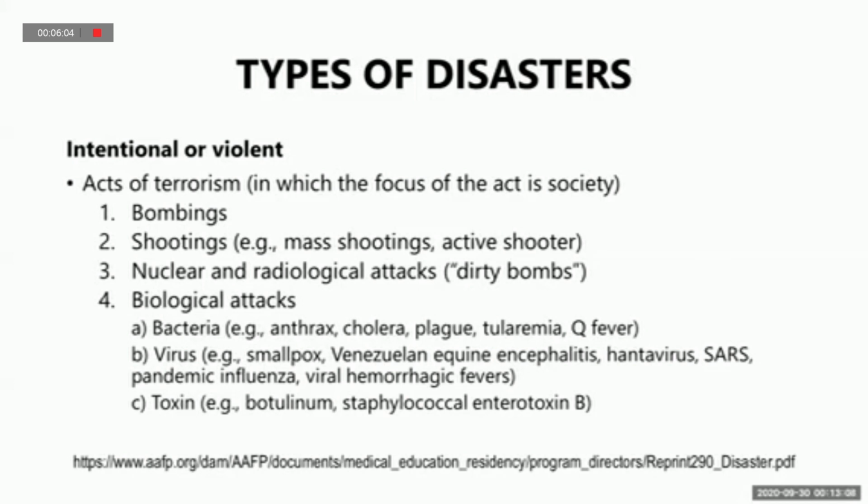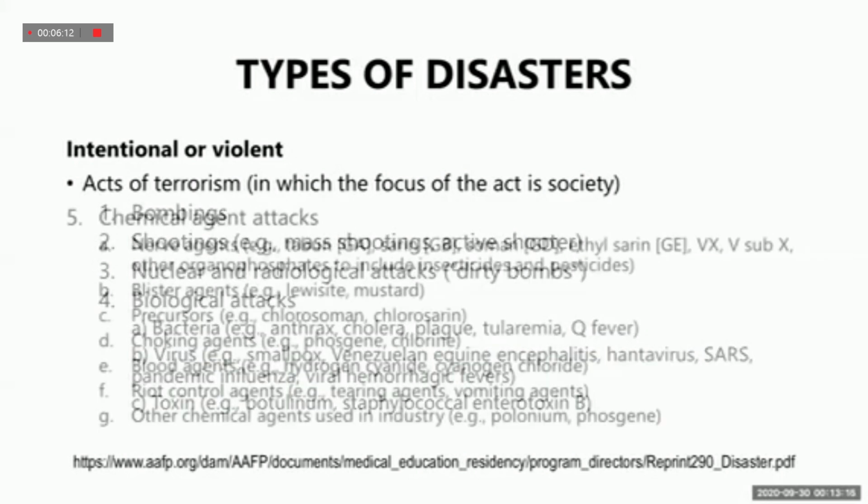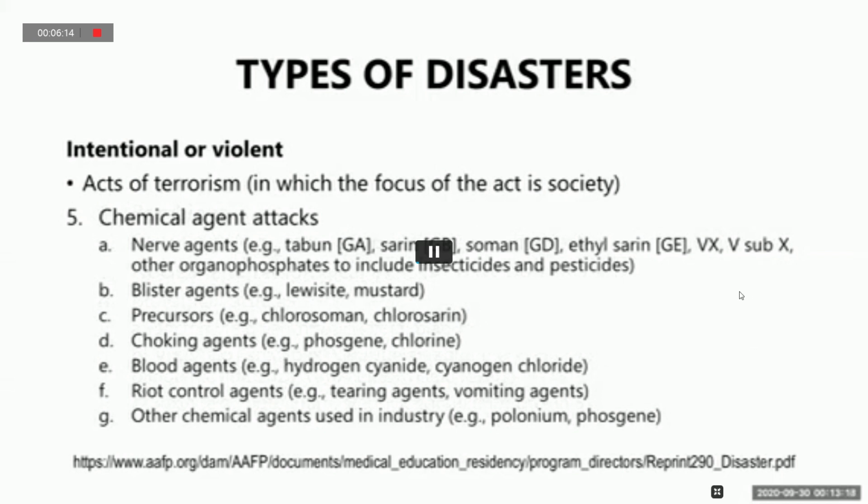For toxins, these would include botulinum and staph enterotoxin B. Chemical agents involved in acts of terrorism, the one they've used before is sarin and other organophosphates, including pesticides and insecticides, blister agents, precursors, choking agents, also blood agents, and riot control agents, as well as other agents used in the industry.